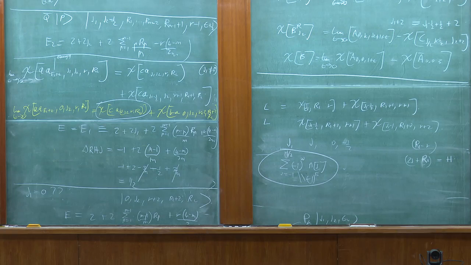Okay? So, superconformal representation theory is extremely powerful. It gives you non-renormalization theorems. This quantity, how many non-renormalization theorems are we getting? Let's count. Well, how many things were constant along the chain? Okay?